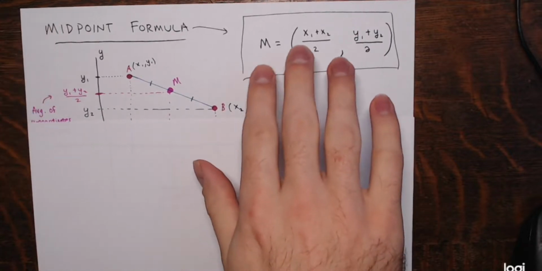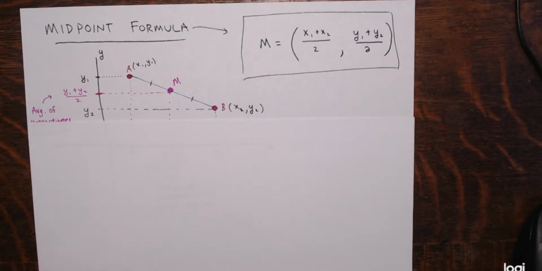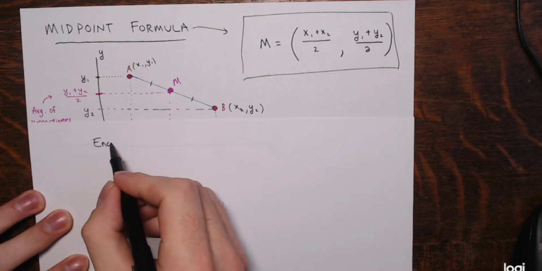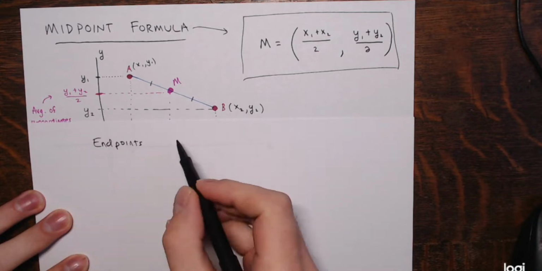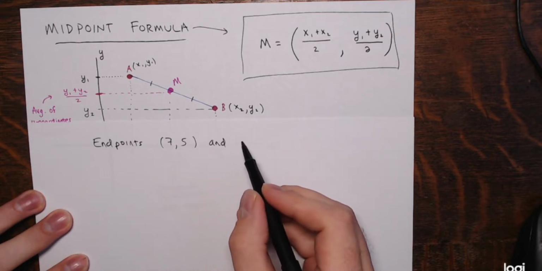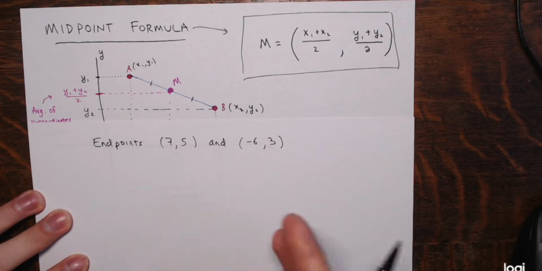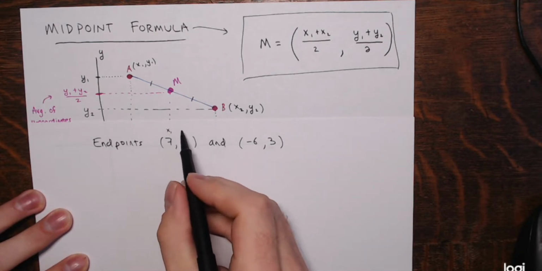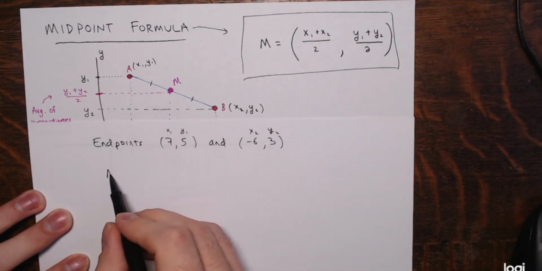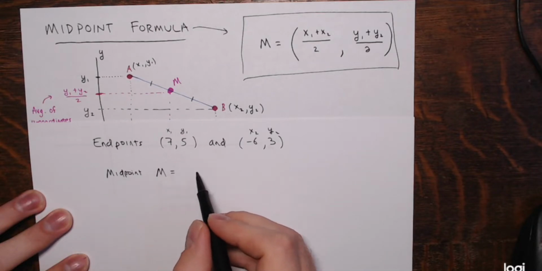If you know the endpoints, the x-coordinate and y-coordinate of the midpoint are just the averages of the x-coordinates and y-coordinates of the endpoints. So here we're given endpoints 7, 5, and negative 6, 3. If you want to draw it, you can, but I'm not. Here's x1, y1, here's x2, y2. Then the midpoint, the point that's exactly halfway between them on this segment, is again called M.